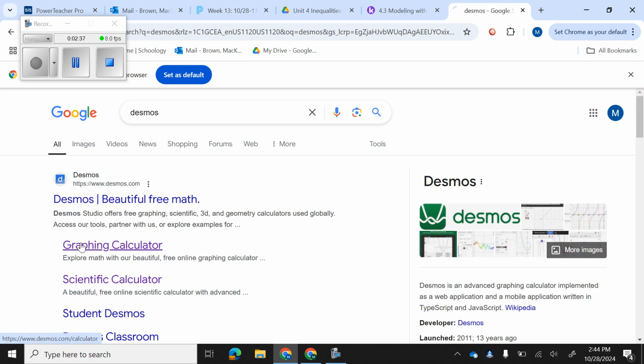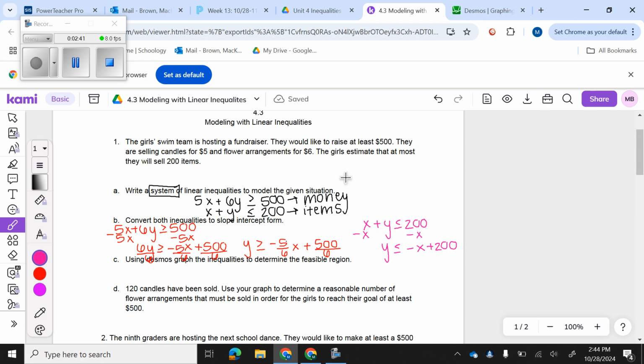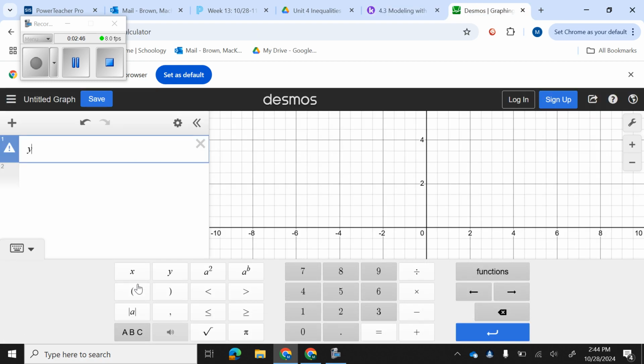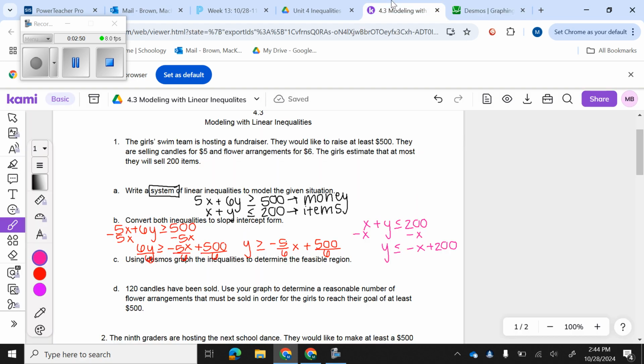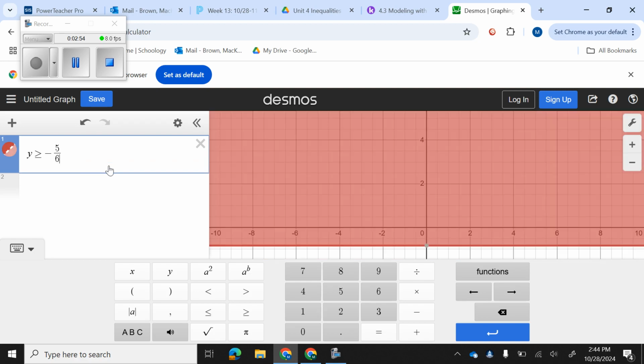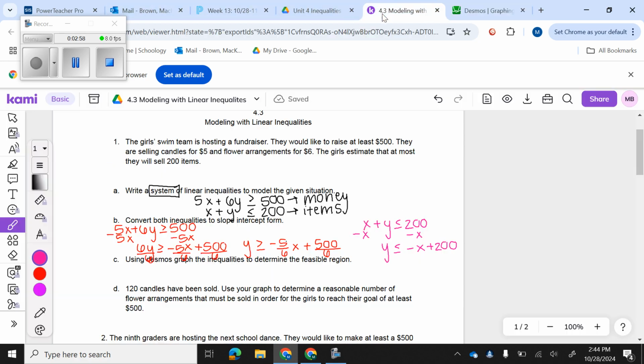So I'm going to go to the graphing calculator. I'm going to type in my first inequality, which is y is greater than or equal to, come down here to get your symbol, greater than or equal to negative 5 over 6x plus, I think it was plus, yes, 500 over 6.